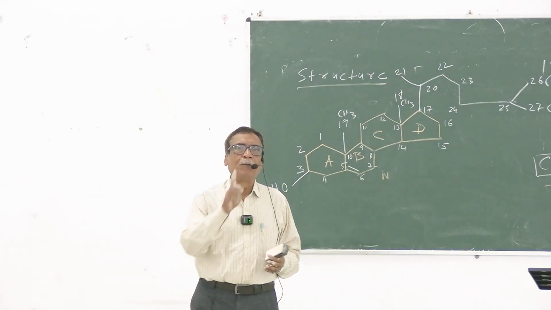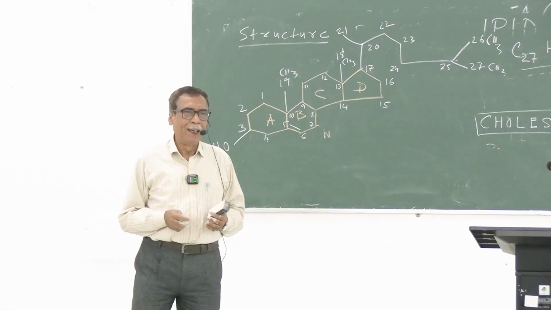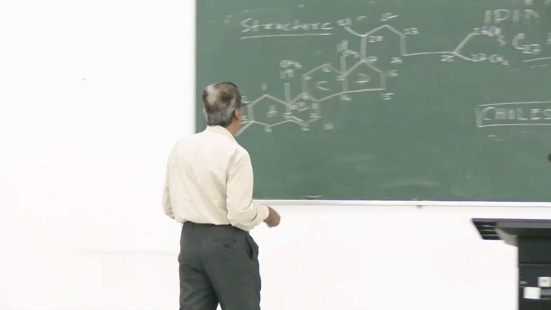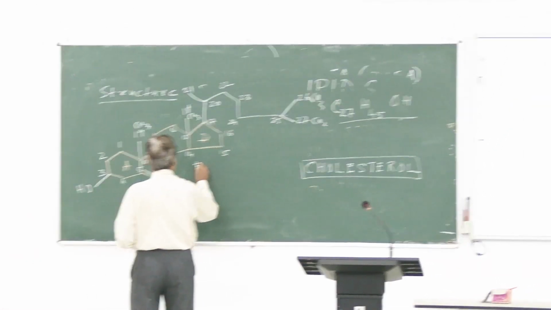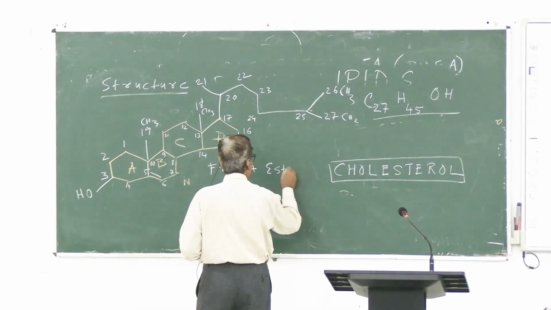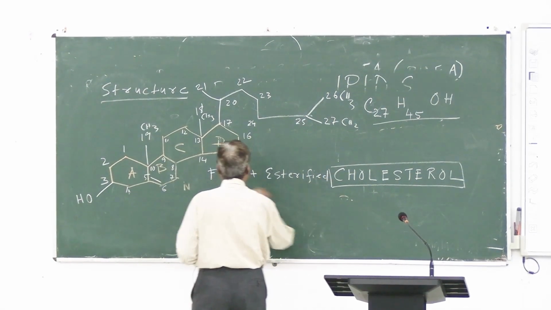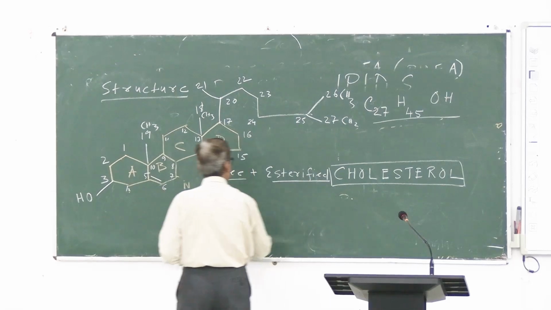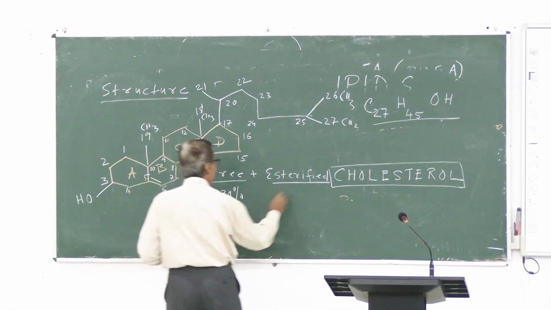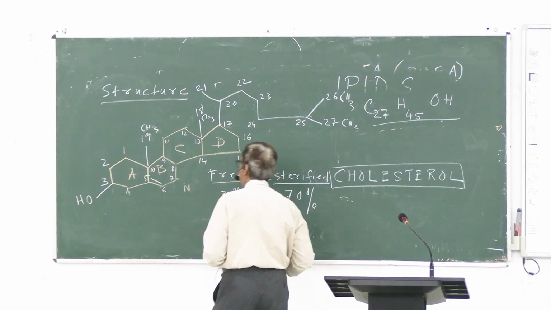And as there is one hydroxyl group, it may be esterified with fatty acid, and that is called cholesterol ester. তাহলে এটা হচ্ছে ফ্রি কোলেস্টেরল, আর একটা হচ্ছে এস্টারিফাইড। দুটো ফর্ম, ফ্রি কোলেস্টেরল, এস্টারিফাইড কোলেস্টেরল। তার মধ্যে ফ্রিটা কম, 30%, 70% is esterified, which is much more than free form.